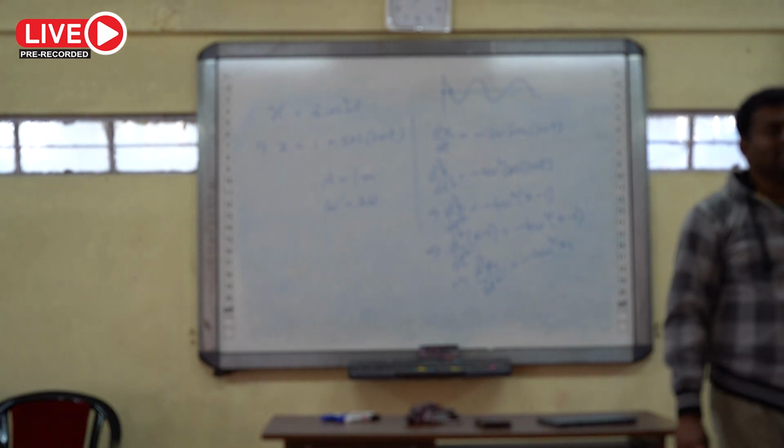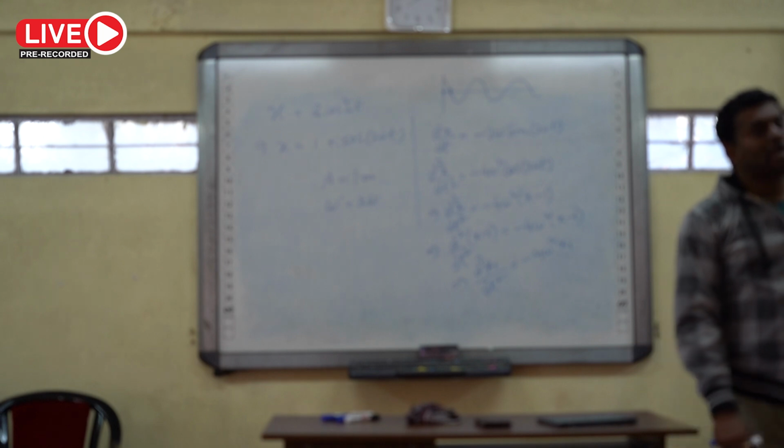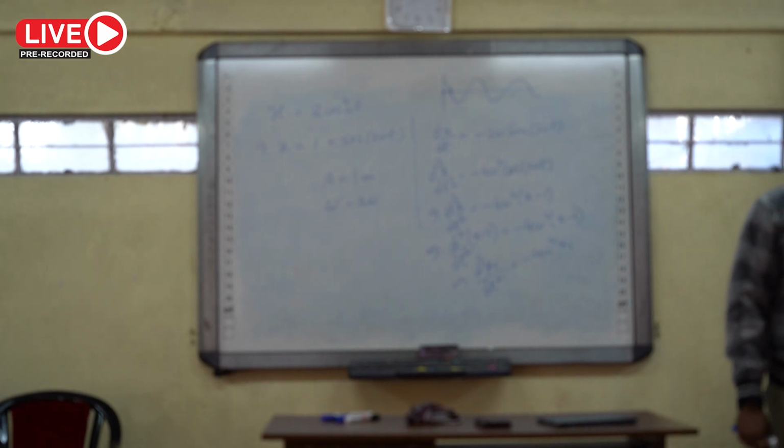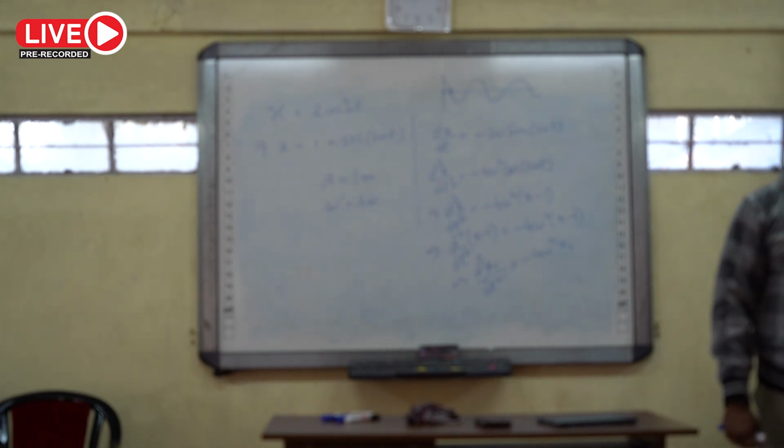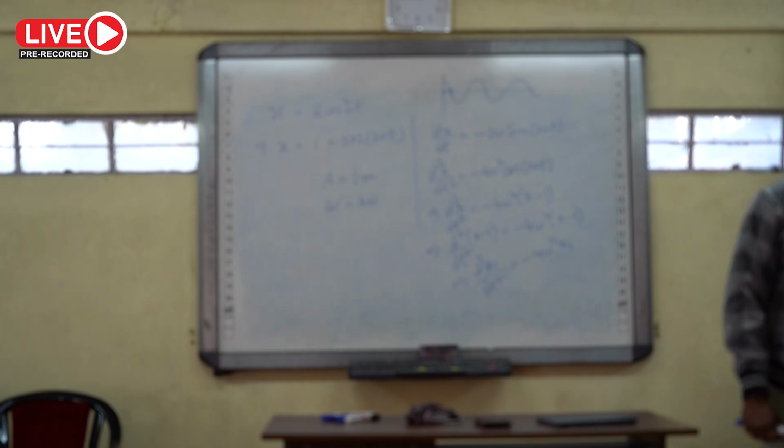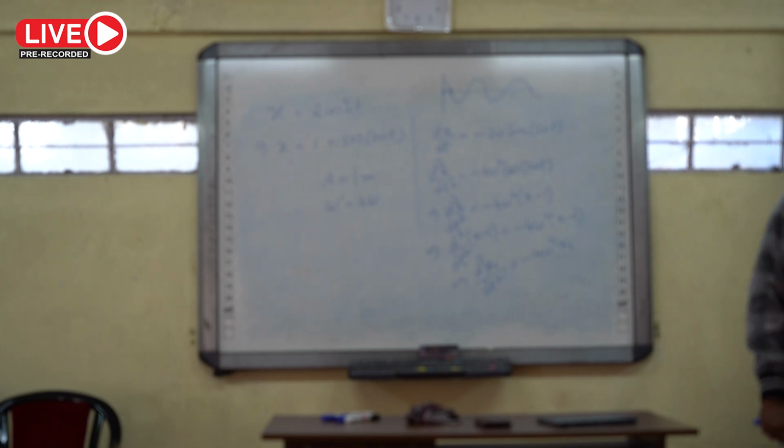Still it is representing cosine function. You can shift the origin. Only there is a change in the origin. That means phase is changing. But that does not mean that cosine function is changed to some other function. Okay, so it is still an SHM. But the oscillation is not with respect to the origin. Equilibrium position is somehow shifted, and about that point it is oscillating.